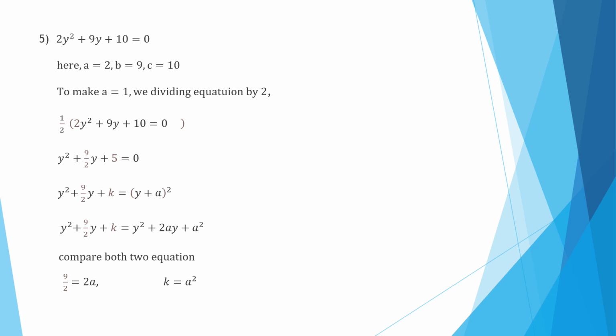Then 9 by 2 is equal to 2a and k is equal to a square. So 2a is equal to 9 by 2, and when we divide by 2 in this equation, we get a is equal to 9 by 4.